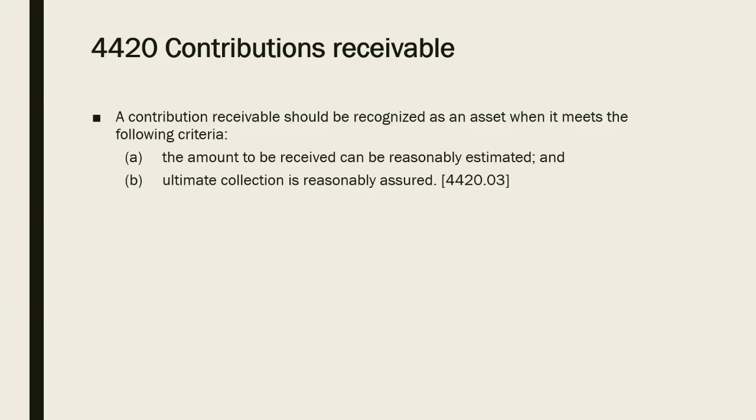Because unlike accounts receivable for a for-profit business, an account receivable implies that revenue has been earned by the business, that the business has provided goods or services to the client or customer, and as a result, has a legally enforceable right to receive payment from that client or customer.